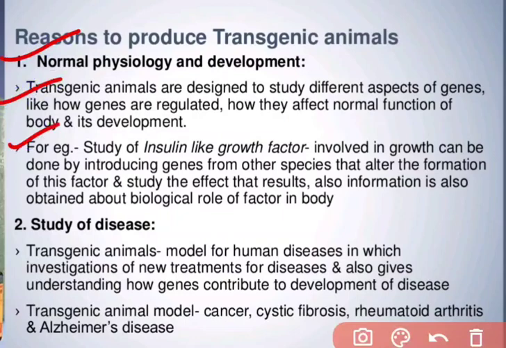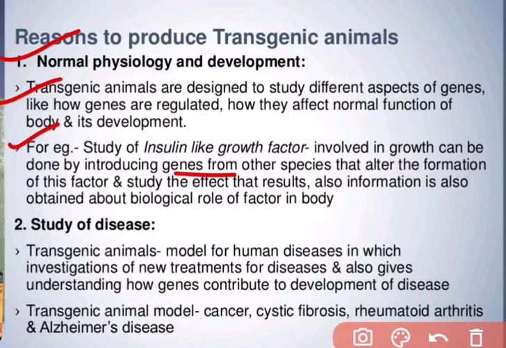For example, the study of insulin-like growth factor involved in growth can be done by introducing a gene from another species that alters the formation of this factor. We study the effect, the result, and information is also obtained about the biological role of the factor in the body. Suppose how insulin works in the body, how it controls our growth.